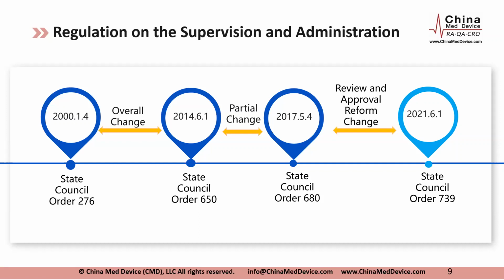China wanted to move into an innovation pathway and have higher quality products. So the deepening of the reform was followed by 680, and then it was followed by 739. As you can see, since 2014, there has been a series of changes at the highest law level, and subsequently you will see different details as well.